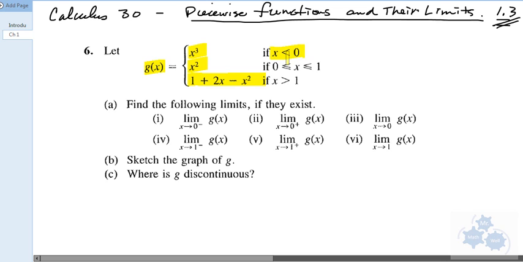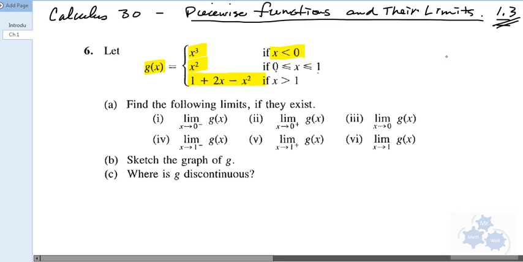So everything less than 0 is going to look like an x cubed function. But that's only up until 0, and not including either, because it's just less than, not including. Now, between 0 and 1 inclusive, the graph is going to look like x squared.